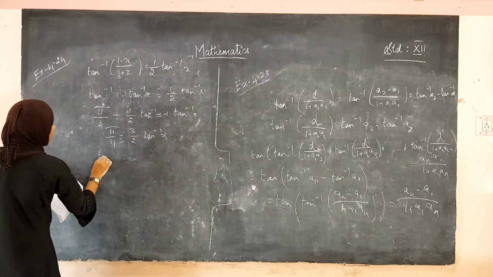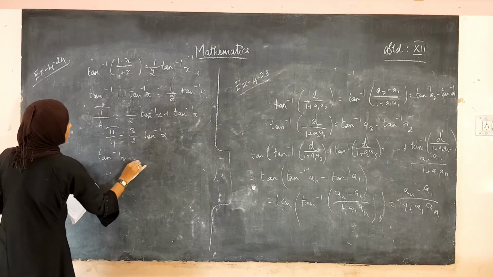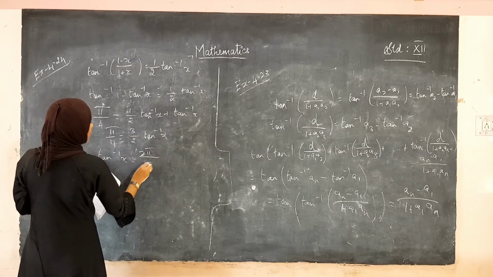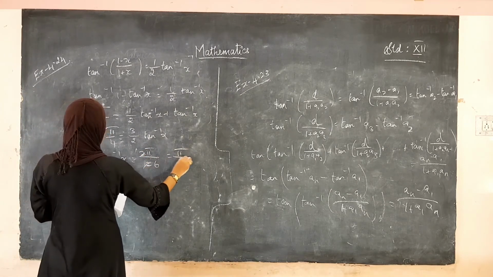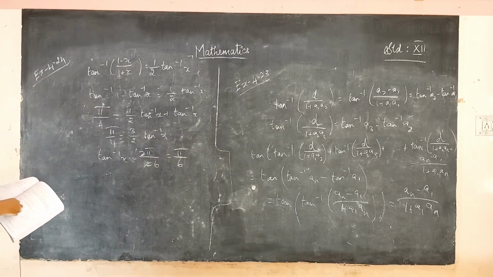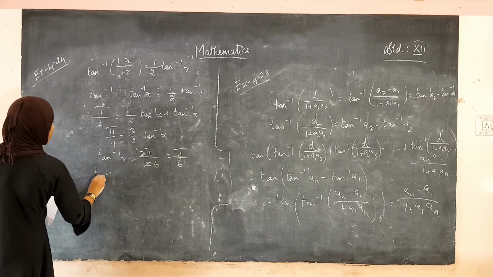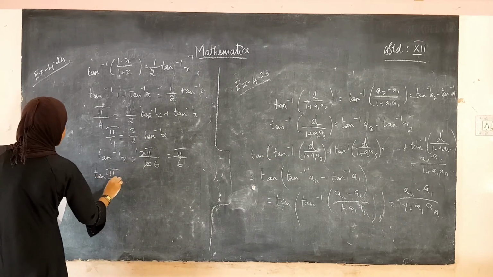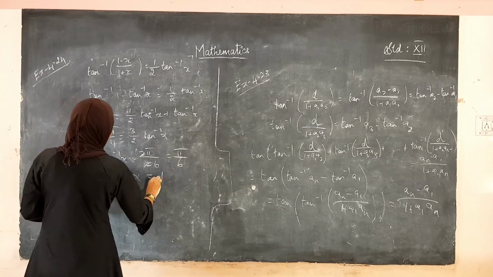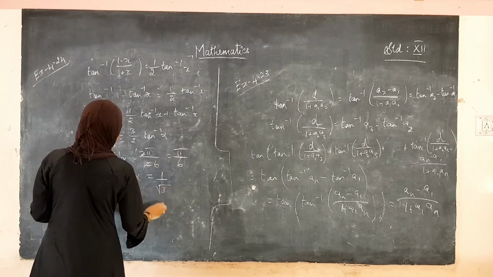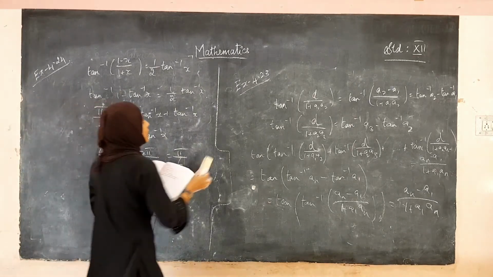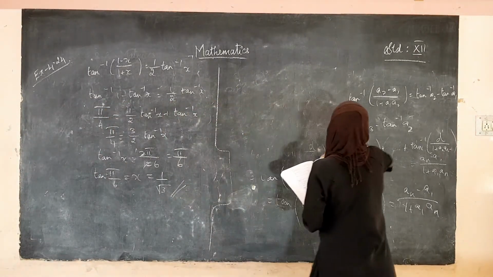Therefore, tan inverse of x can be written as 2 pi divided by 12, which is pi divided by 6. For what value of x do we get tan pi by 6 is equal to x? Tan pi by 6 is equal to 1 divided by root 3. Okay, next example 4.25.